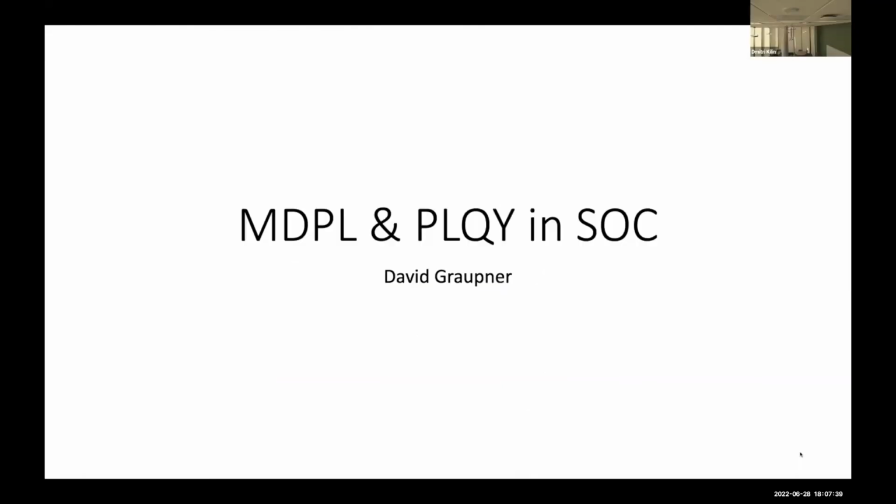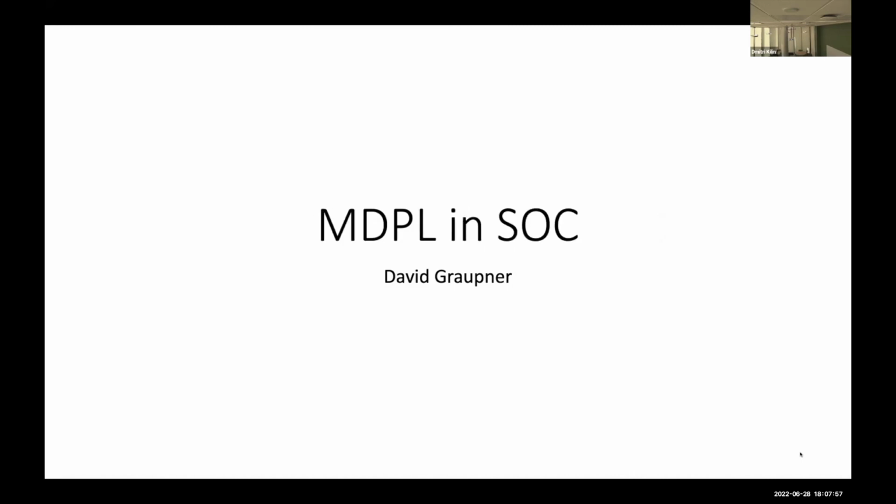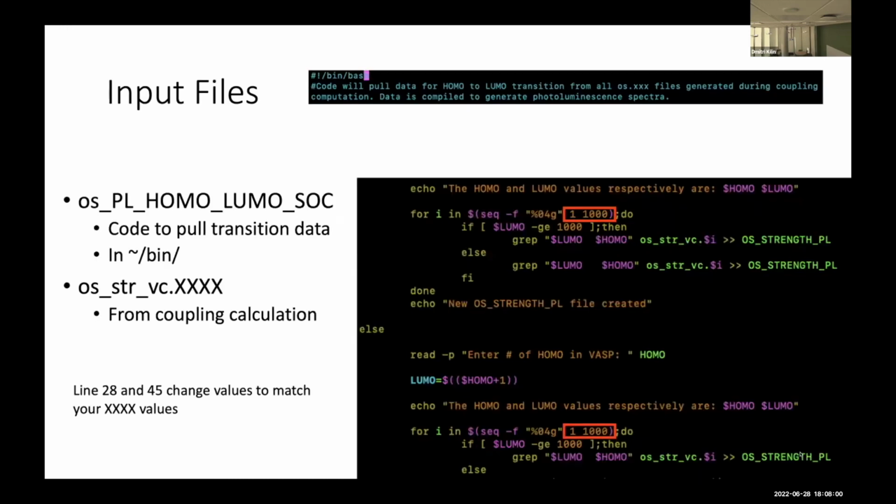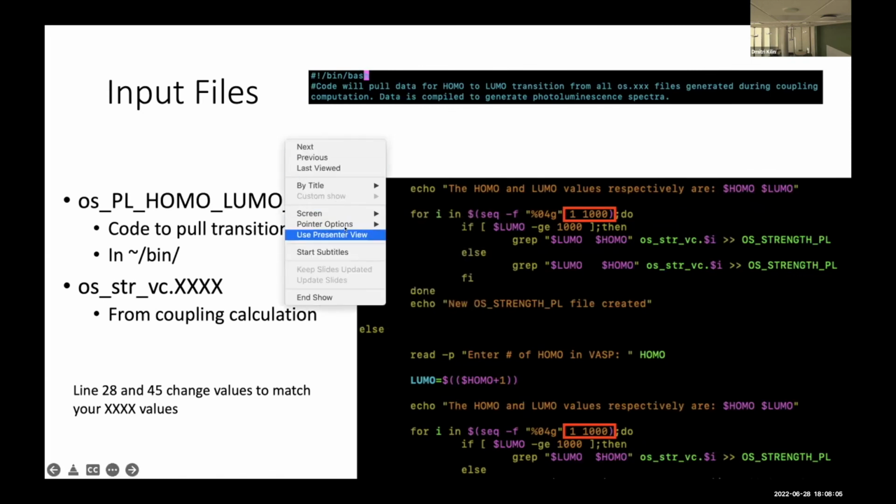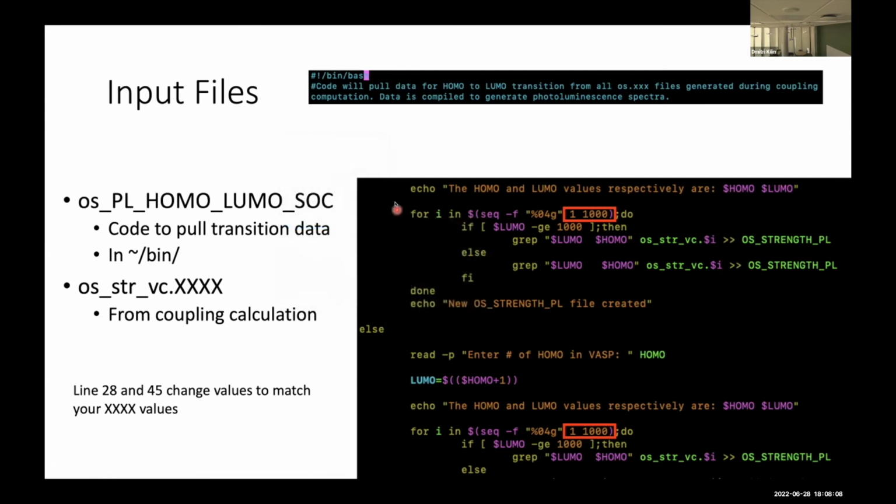So I am going to talk about two more observables we can examine in our calculations: MDPL, which is the molecular dynamics photoluminescence, and photoluminescence quantum yield. We're going to start with MDPL. With your spin orbit calculation, there is a code in the bin on NERSC, which is modified from the code of Yulun. It's the OS_PL_scripts.